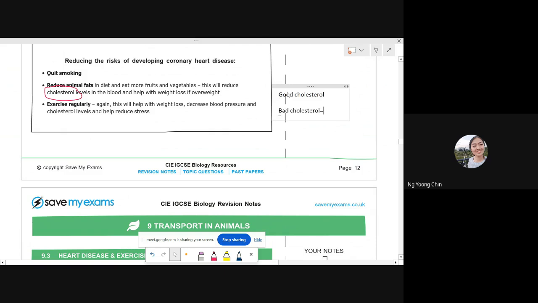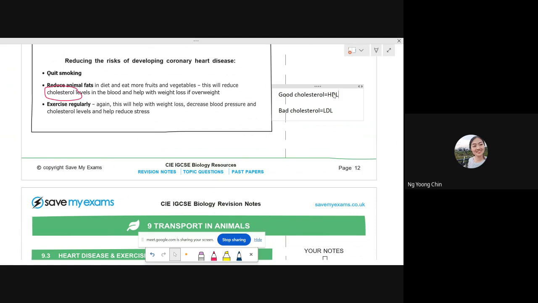The bad cholesterol is LDL, low density lipoprotein. The good cholesterol is HDL. I think you did a body checkup before, right? Please take note of the cholesterol level.